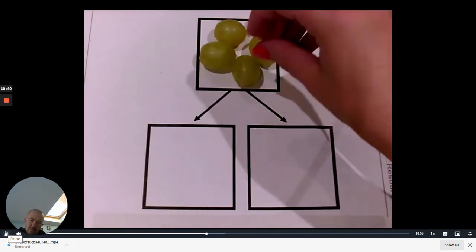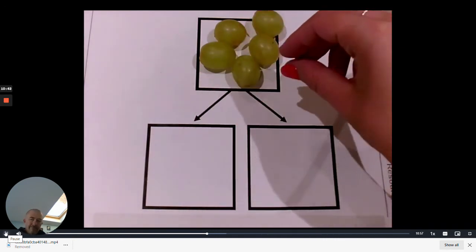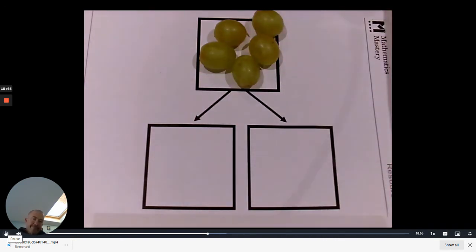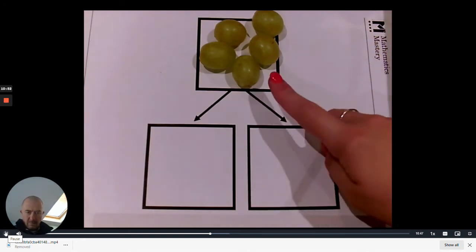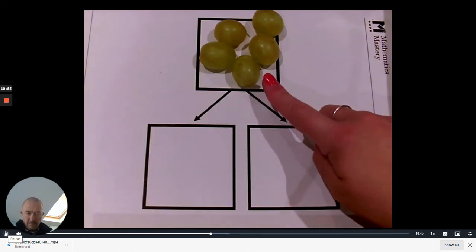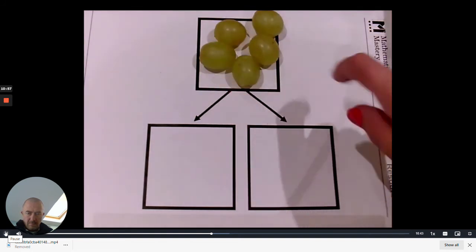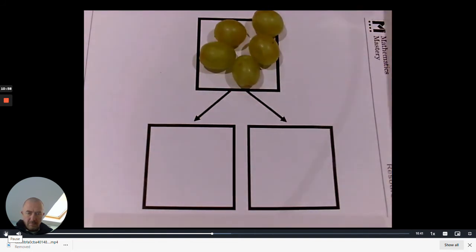Do I have any grapes to bring to my whole? No, there's no grapes because 0 is part of my number sentence. So, if I add 0 to a number, my number is going to stay exactly the same because I have not added any more grapes.